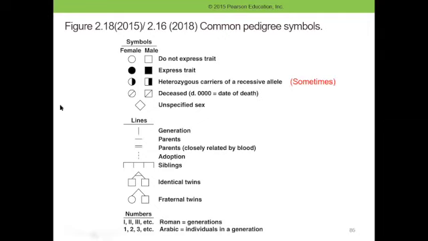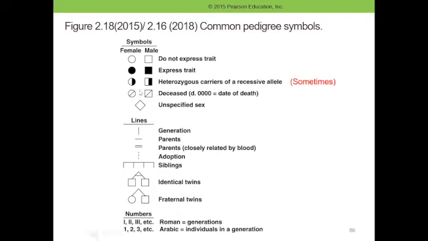So sometimes carriers or heterozygotes for a recessive allele, we could shade them, like shade half of the symbol, but usually this is not given in the type of pedigrees that I'm going to discuss with you. But if you see a pedigree with partly shaded symbols, that might indicate a carrier of a recessive allele.